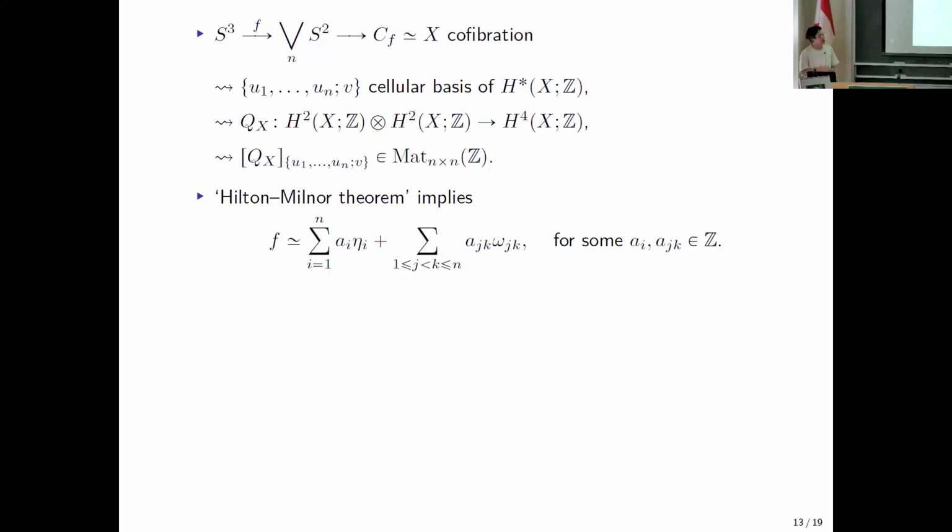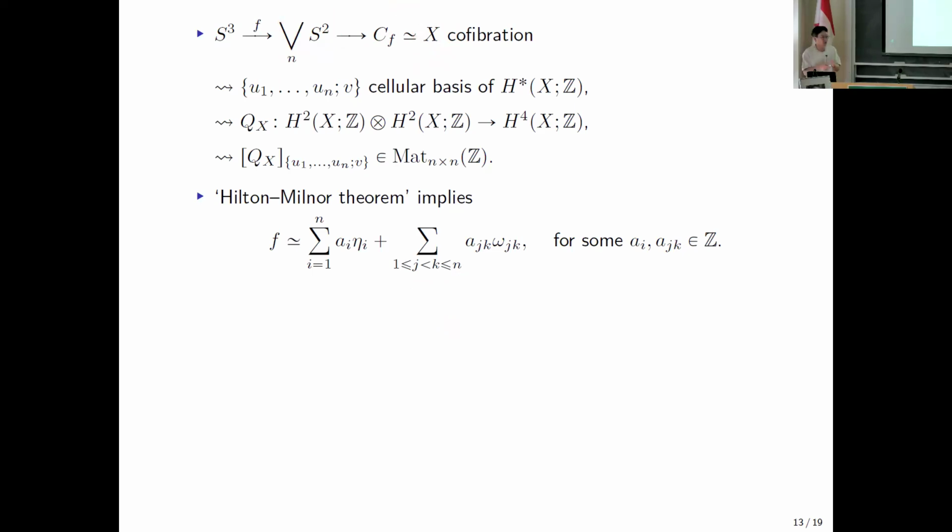But if you look at this cofibration, right? This cofiber, the toric variety up to homotopy type, is nothing but the mapping cone of this map. So if you want to understand the homotopy type of this toric variety, that's all about pi3 of S2 wedge S2, right?